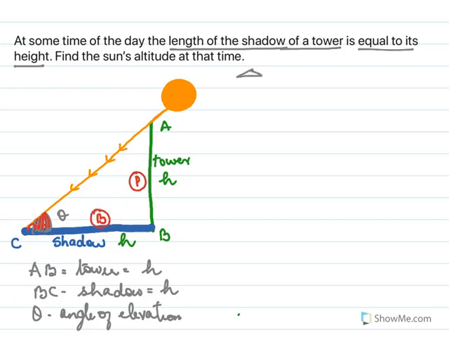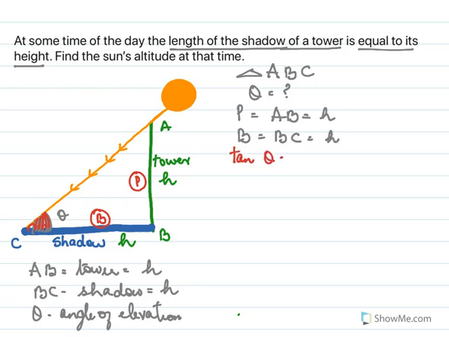So we write now in triangle ABC, we don't know theta, that is our question. Our perpendicular is AB and the base BC, which is the shadow, is also h, and tan theta is perpendicular over base.